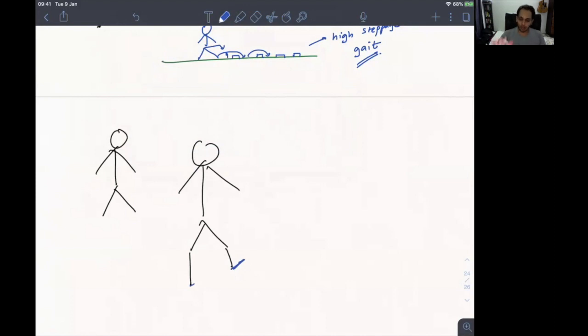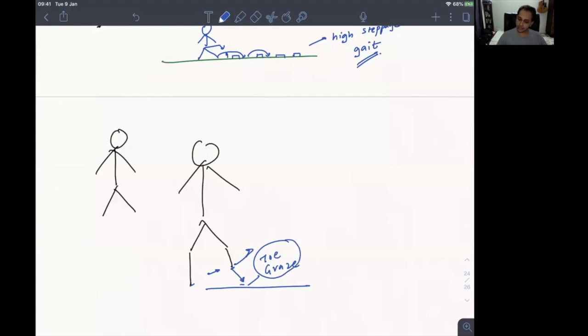So when you are walking, when you are in your swing phase, you will notice that your toes are pointed upwards. They are not pointed downwards. But in this patient, because there is foot drop, the toes are pointed down. So even when there is a swing, there is a chance that the toes will graze the ground. So this is known as toe graze.